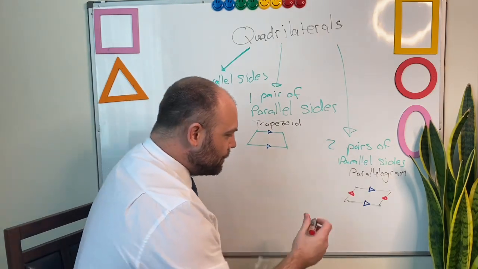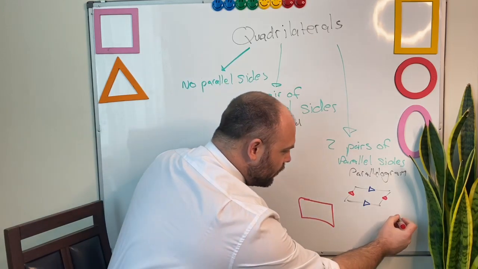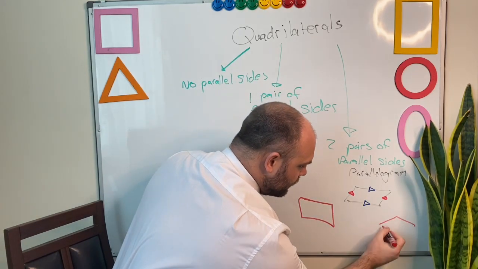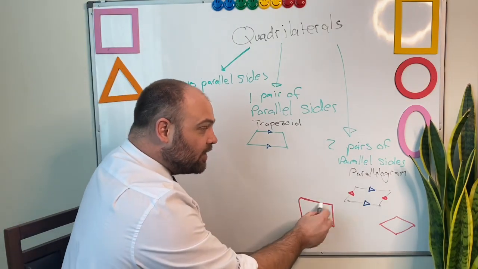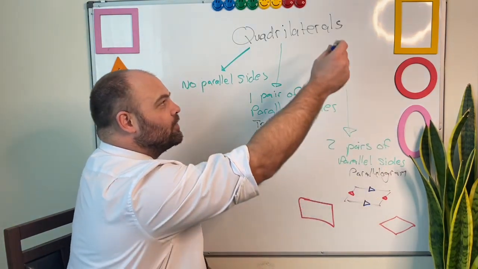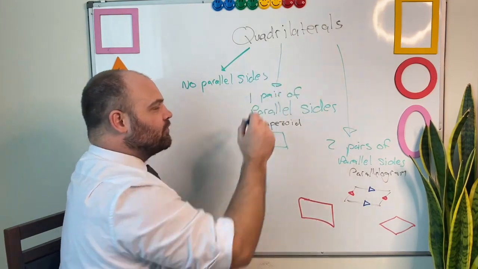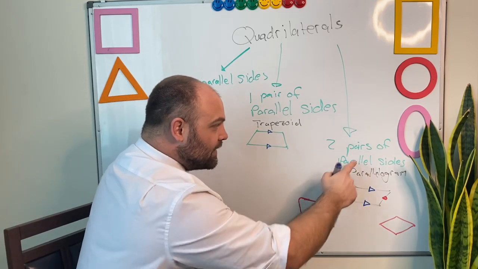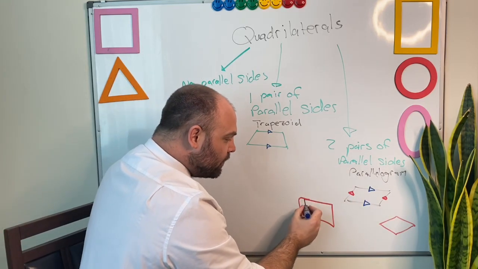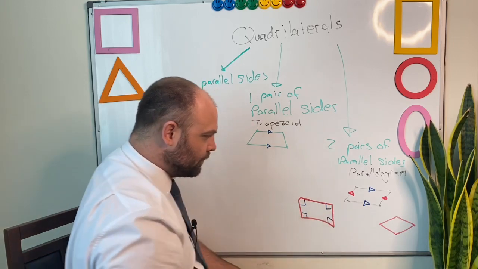We have a rectangle and a rhombus. Okay, now a rectangle is a type of parallelogram, which is a type of quadrilateral. A trapezoid is a type of quadrilateral. Okay, a rectangle is a parallelogram with four right angles.